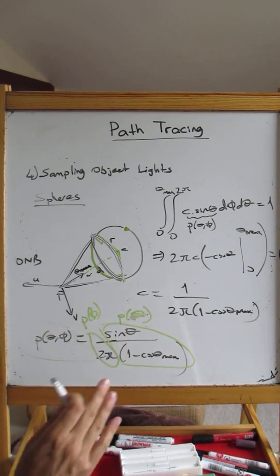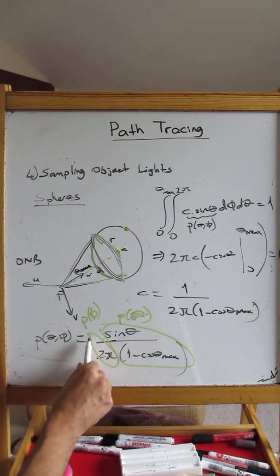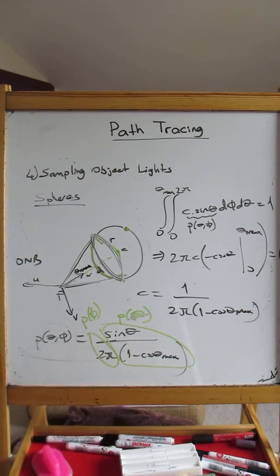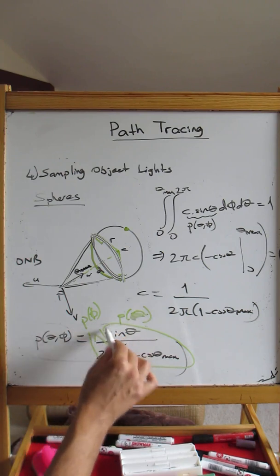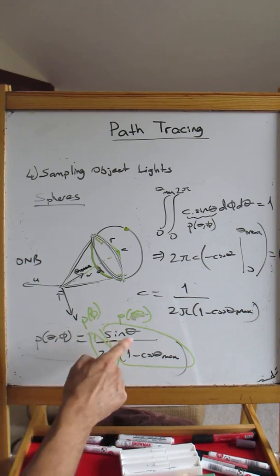Okay, so note that they must integrate to 1 in their respective domains. 1 over 2 pi integrates to 1, and this also integrates to 1. We just did it.